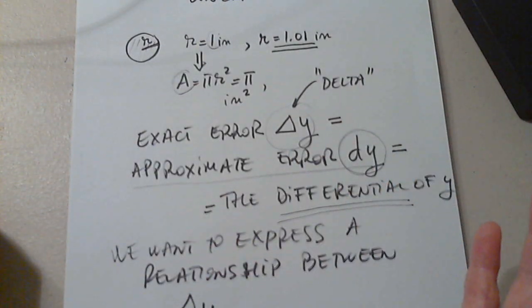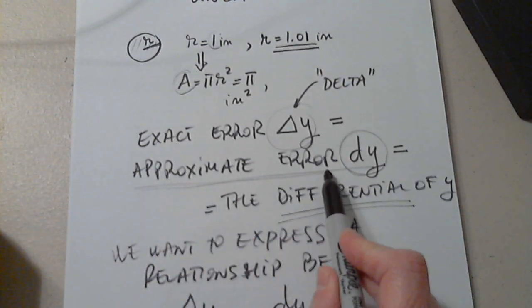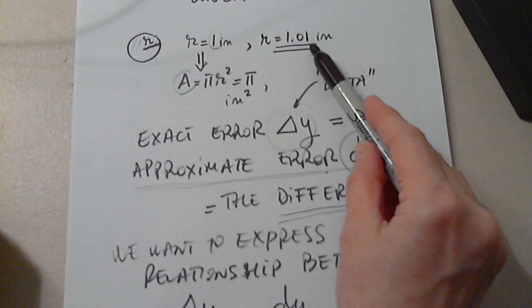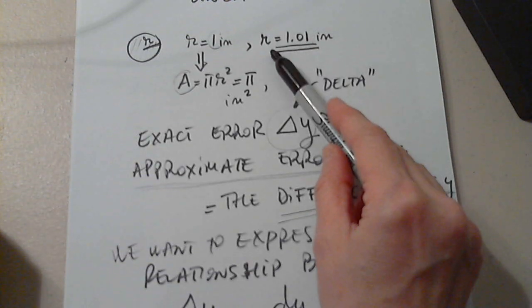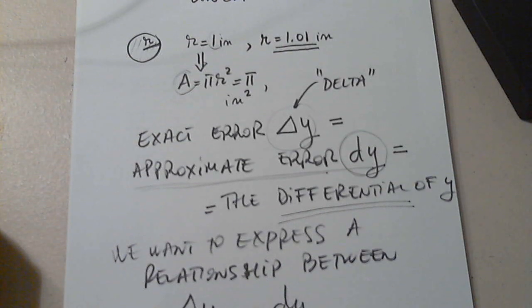It doesn't have to be the radius, it can be anything. And the approximate error created by the same tiny error in the independent variable. And we want to know what is the relationship here.